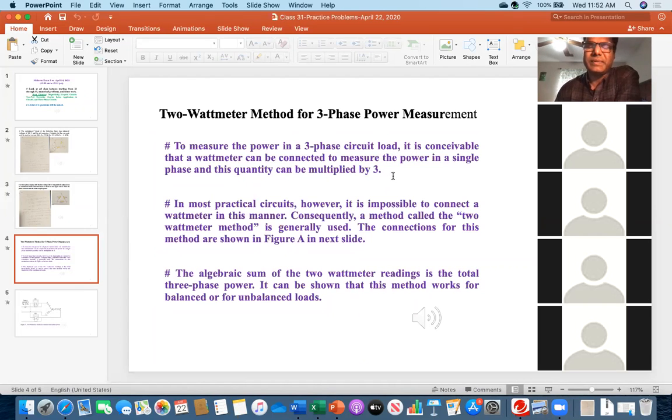Or if it is an unbalanced system, as I told you, you connect 3 wattmeters in 3 phases and sum them. But in the next bullet: in most practical circuits, however, it is impossible to connect a wattmeter in this manner. Consequently, a method called the 2 wattmeter method is generally used, and the connections for this method are shown in figure A in the next slide.